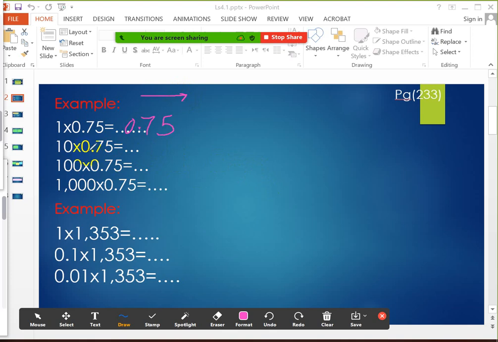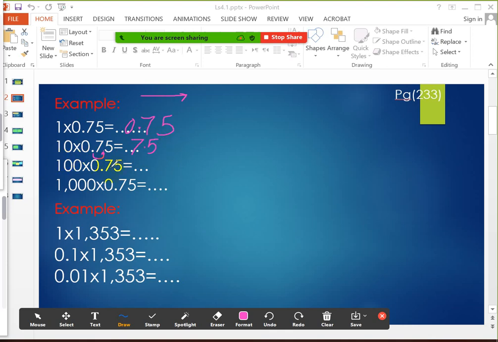Look at 0.75. I want to multiply it with 10. How many zeros right here? I have only 1 zero. So I have to move the decimal point just 1 digit. It will be right here. So the number will be 7.5. Yes. Okay? 7.5.